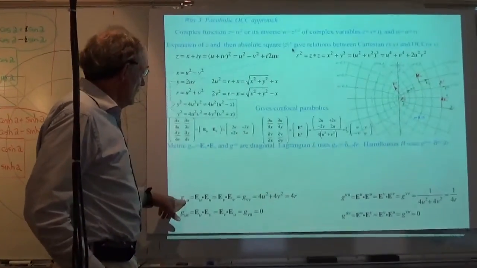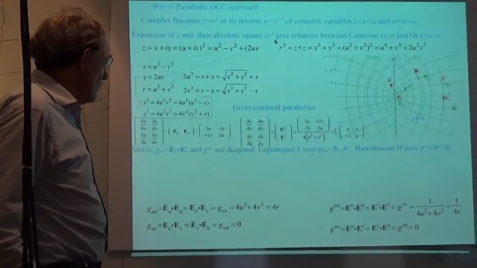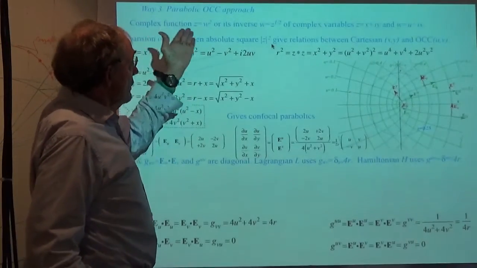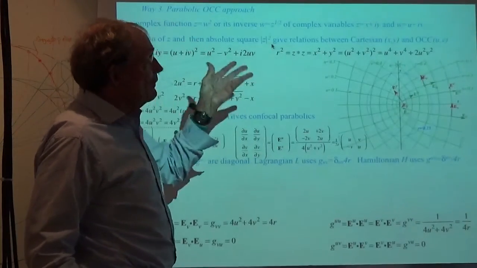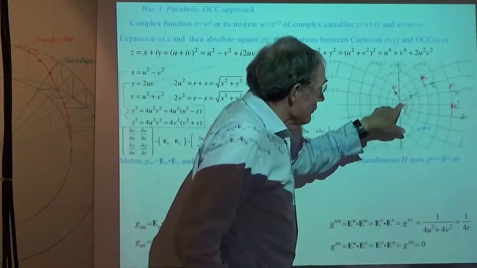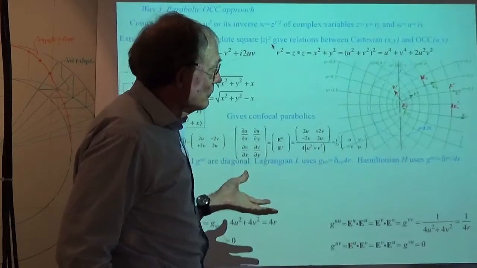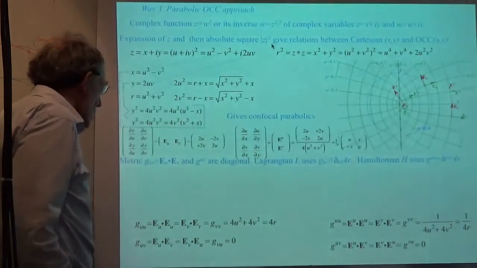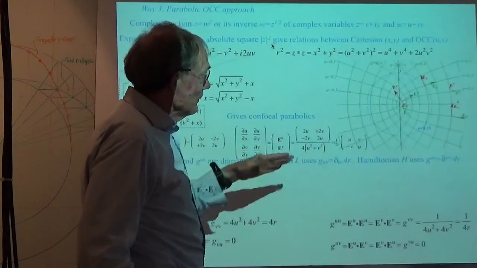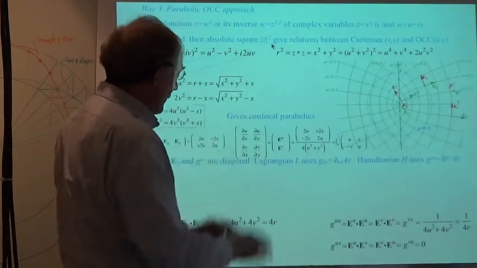So we got to get the metric for this coordinate system. Now, the thing about doing this analytic production of coordinate systems is you get more than an orthogonal coordinate system. You get a coordinate system where the two unit vectors have the same length.